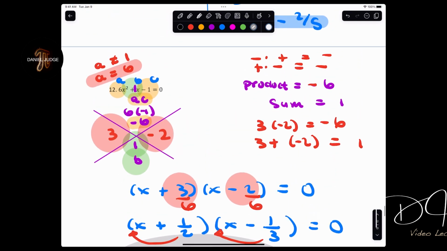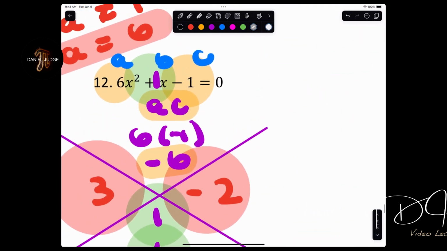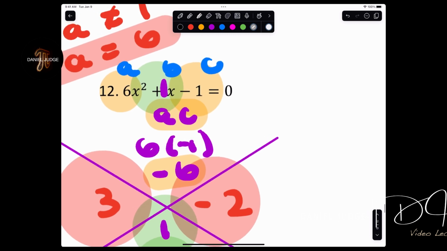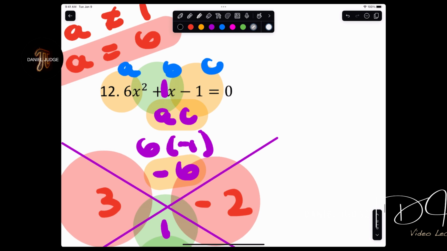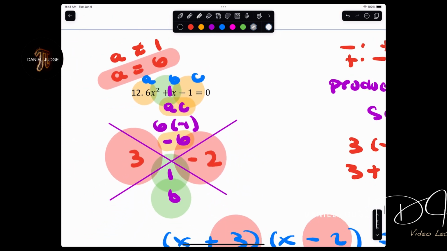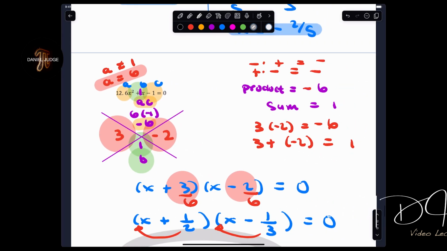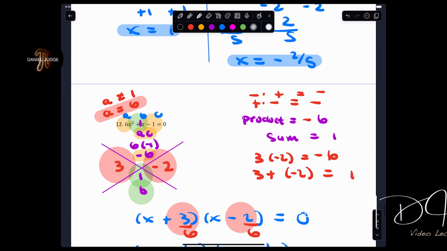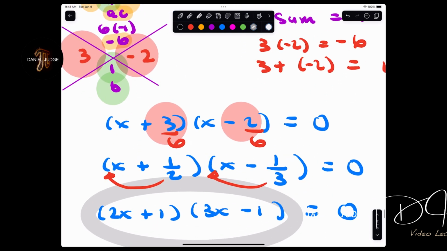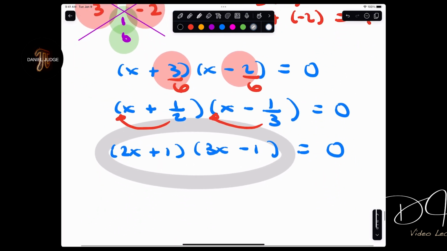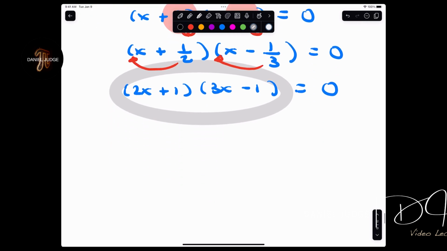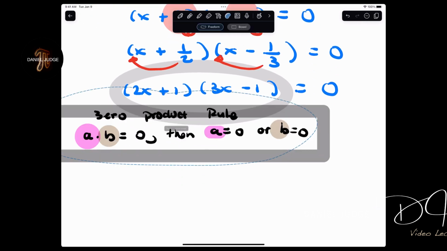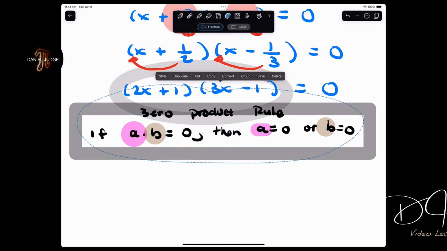We factored this left side of the equation, 6x squared plus x minus 1. It's a quadratic equation. It equals 0, so we're solving by factoring, but we're factoring by the crisscross method, where a is not 1, a is 6. And all right, now we get to bring out the zero product rule.